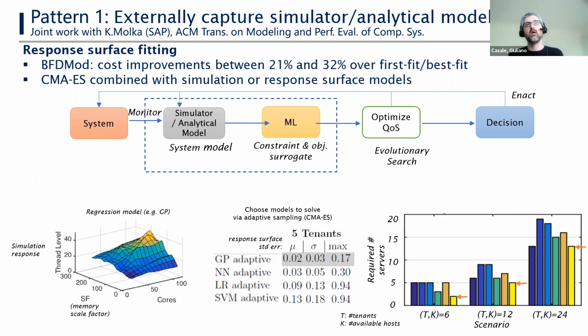And then you can use an optimization algorithm, like, for example, an evolutionary method like genetic algorithms or CMA-ES, to search the best configuration using the surrogate surface to describe either the objective function of your search or the constraints of your optimization problem.